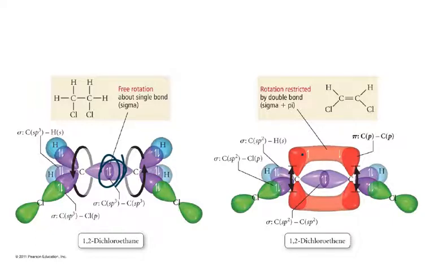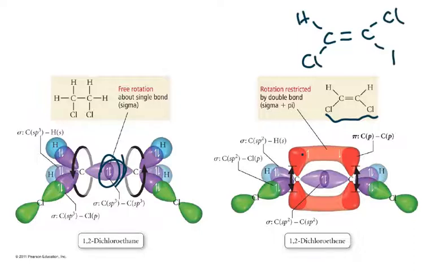So this leads to 2 possibilities for this molecule. We can either have the chlorines on the same side, or we can have them on opposite sides. And these 2 molecules are not equal to each other.